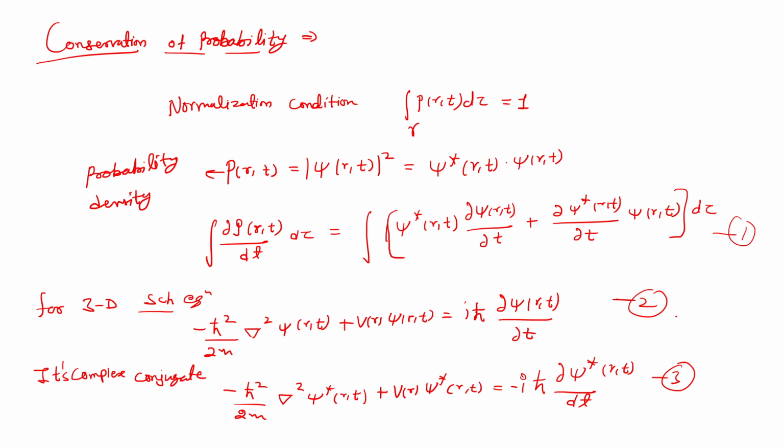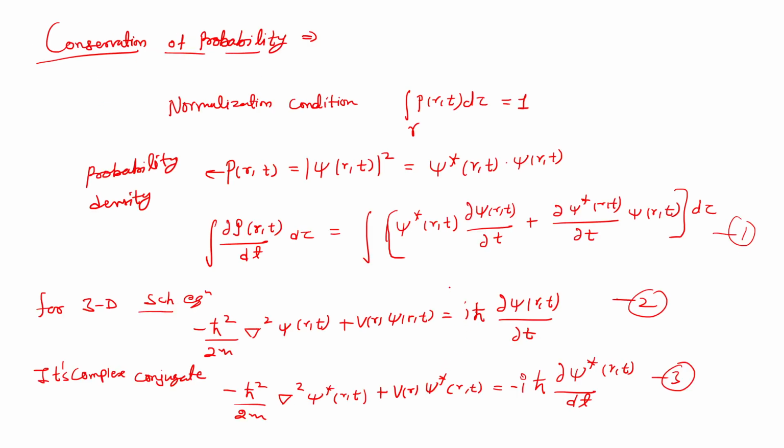If we compile all these three equations together, and put the values of d psi over dt and d psi star over dt from equations number 2 and 3, what will we get? The integration of the probability function P(r, t) over dt will become: here we have psi star(r, t) as it is, then del psi(r, t) over dt. So this is what we are going to put in this equation.